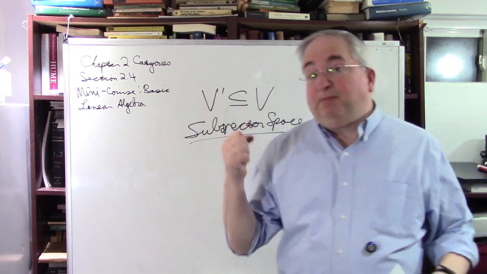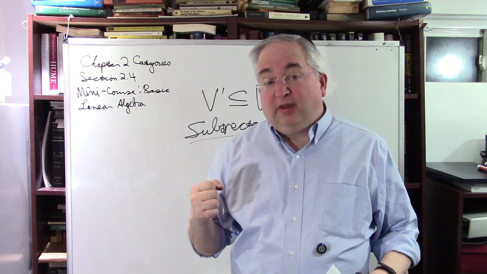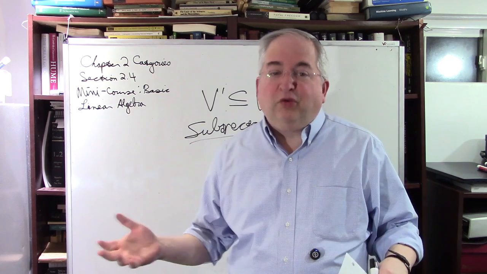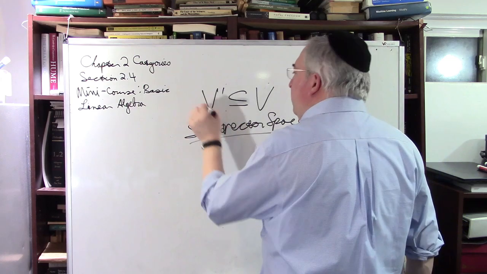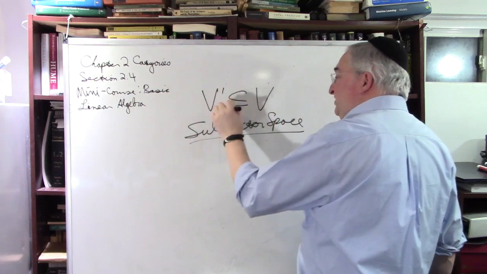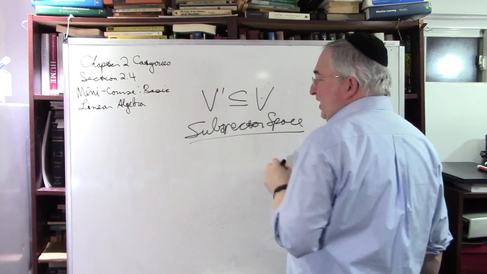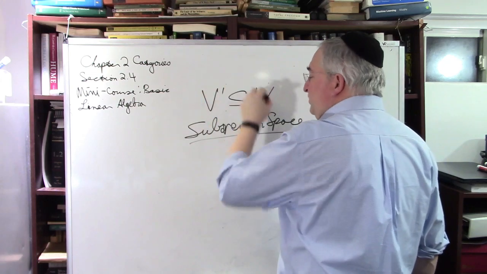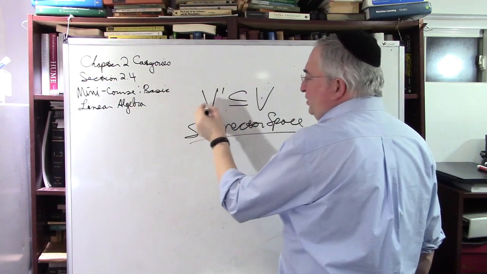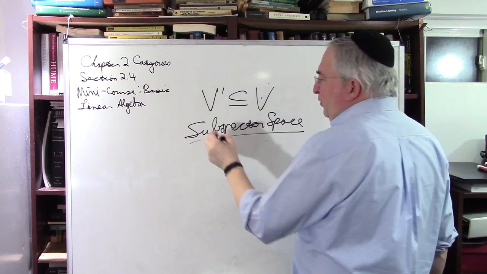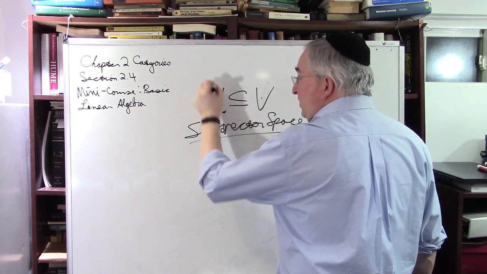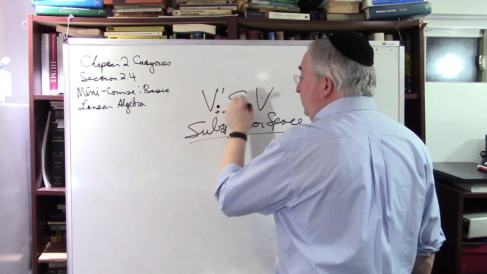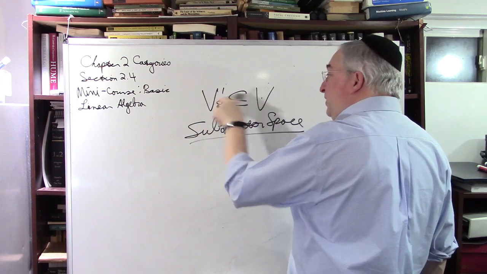It has part of the structure, but it's different. It's not the whole thing. This, by the way, could be the whole thing, but it's not. So what's a subvector space? Well, it's a subset of these guys, but they share the same operations. So the plus and the scalar multiples, and the zero is in here also. The zero is not only in here, but it contains this.